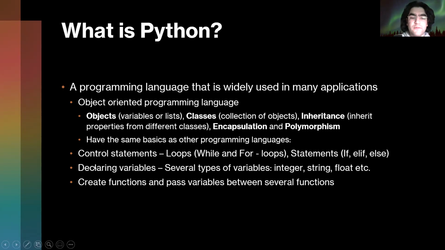We also declare variables as in other programming languages. And there are several different types of variables, such as integers, strings, floats, booleans, and so on. And we can create functions, and we can pass variables between several functions as well. And that is thanks to the inheritance property.